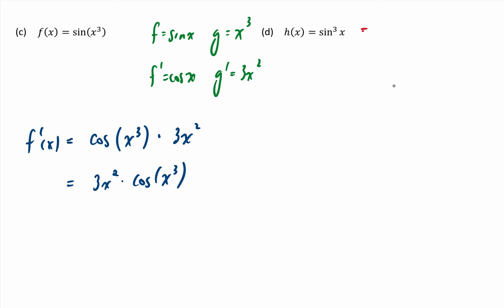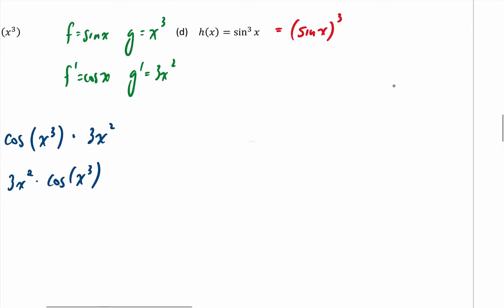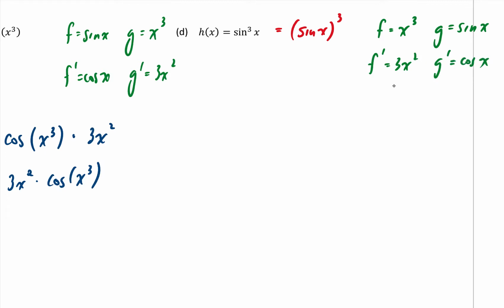Next one is sine cubed x. That's the same thing as sine of x all cubed. So one more time, this is a composition of functions. So the outer function this time is x cubed, and the inner function is sine of x. The derivative of x cubed is 3x squared, and the derivative of sine of x is cosine of x.